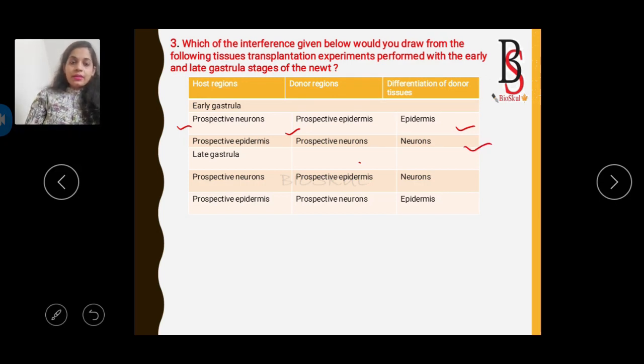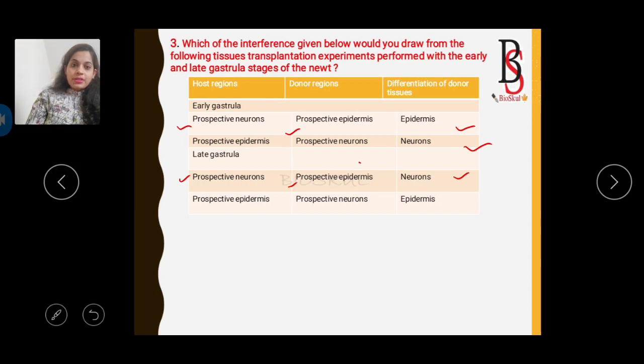Similarly, in the late gastrula, prospective neuron of host region is placed in the prospective epidermis. Then it becomes the neuron, not the epidermis, because here it is autonomous specification and the cell fate is determined in the late gastrula.